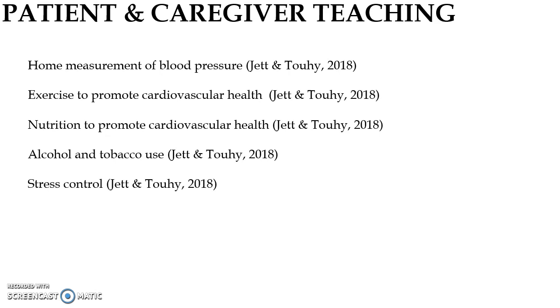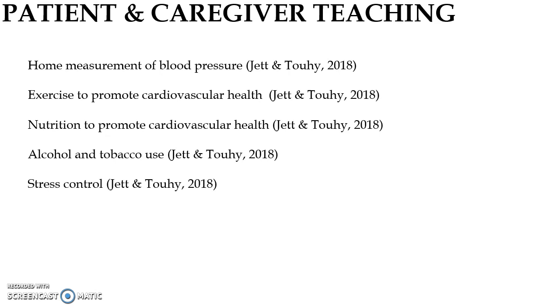Alcohol and tobacco are big risk factors for a lot of cardiovascular diseases, and patients should be educated on how to control their use, or if they need to, cease their use, depending on their condition. Now, another risk factor for cardiovascular diseases is stress. It's a really big one, especially for hypertension, and patients need to know this.